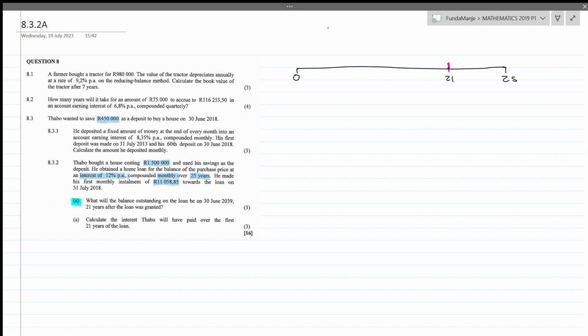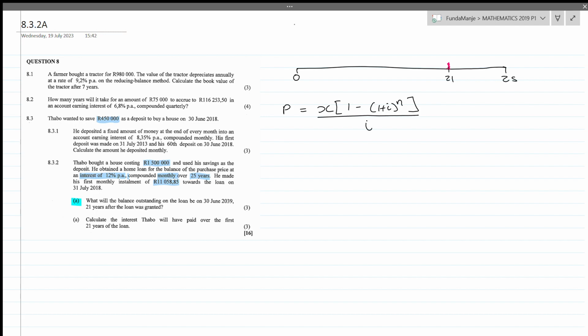So the n within the present value formula, which is P equals X times 1 minus 1 plus i to the power of minus n, all over i.